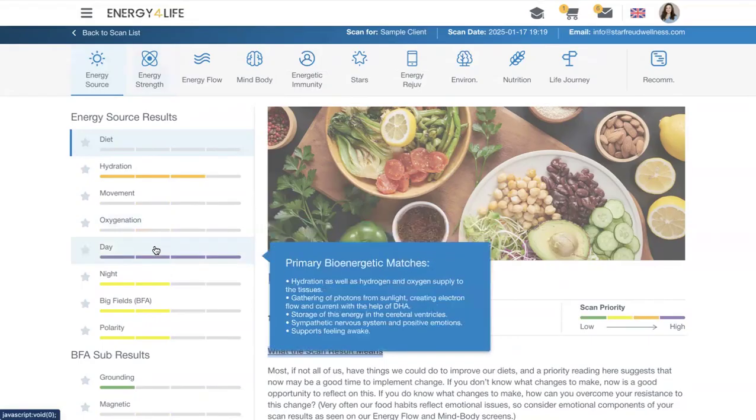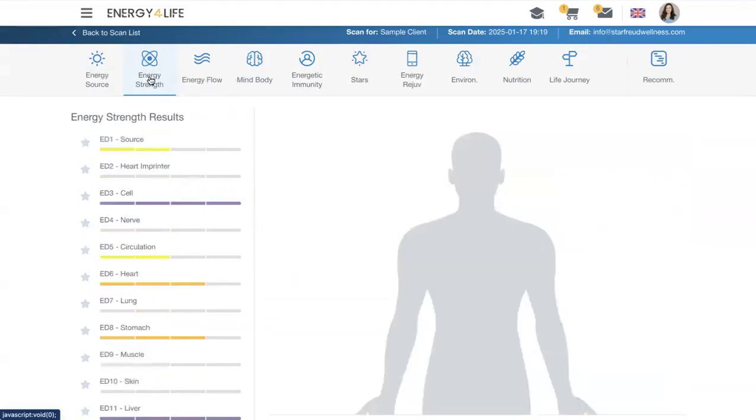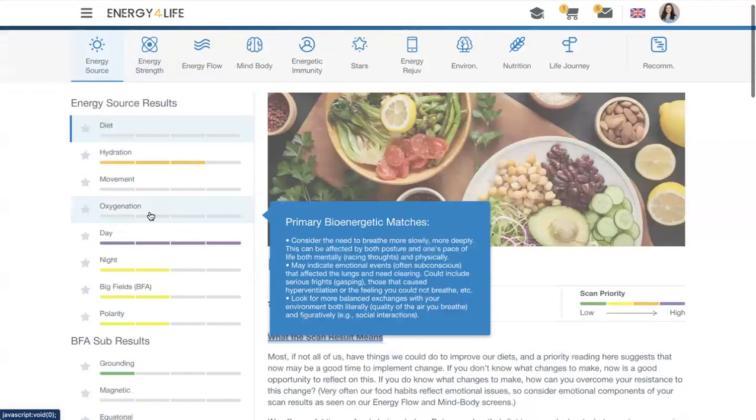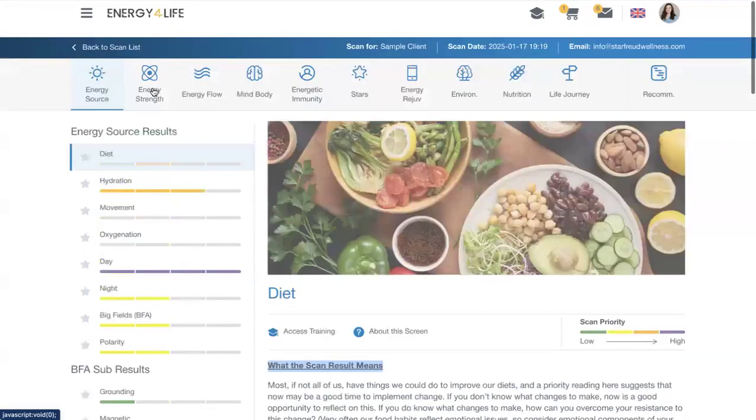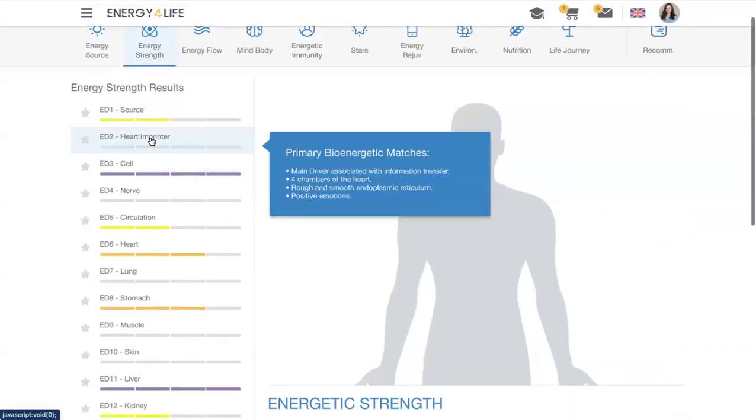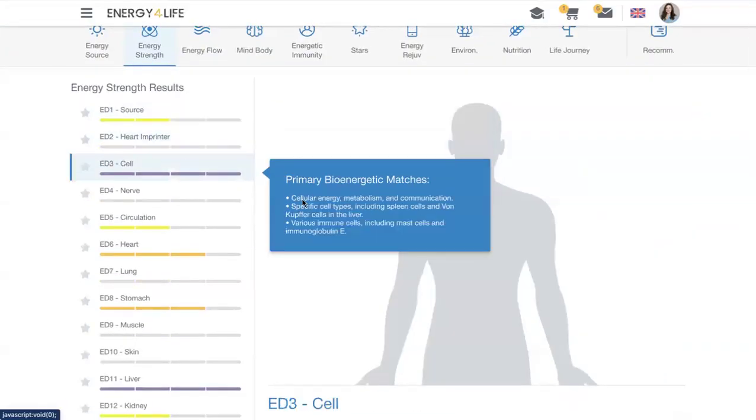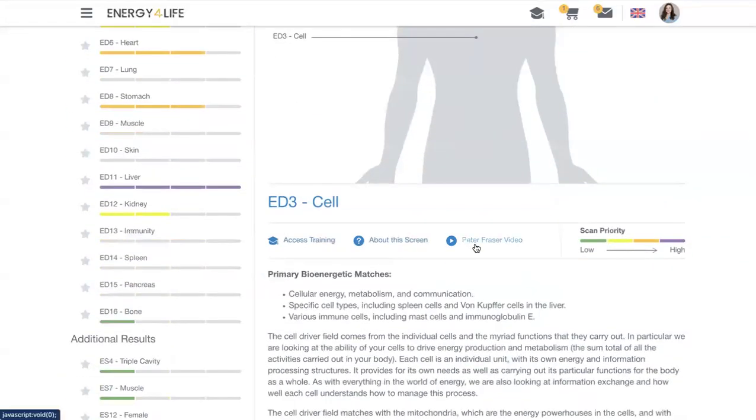So we want to create better habits and lifestyle, so we can support information to be correctly working through there. Right, so that explains that. The strength of the system, again, you can hover, you can click, go down, you can read about it.